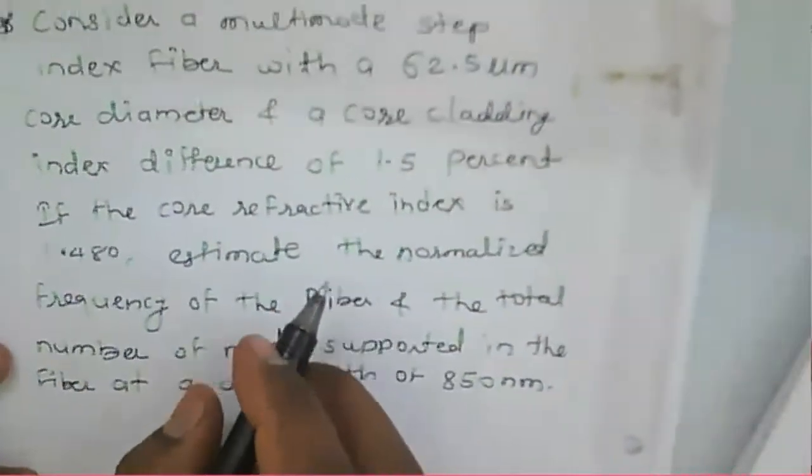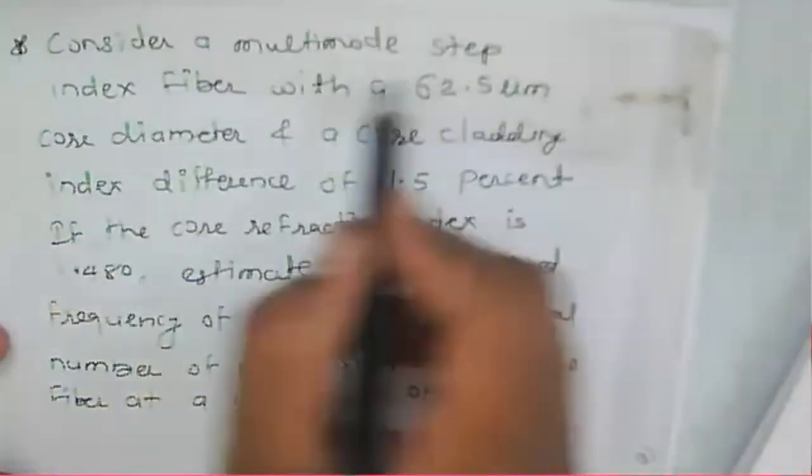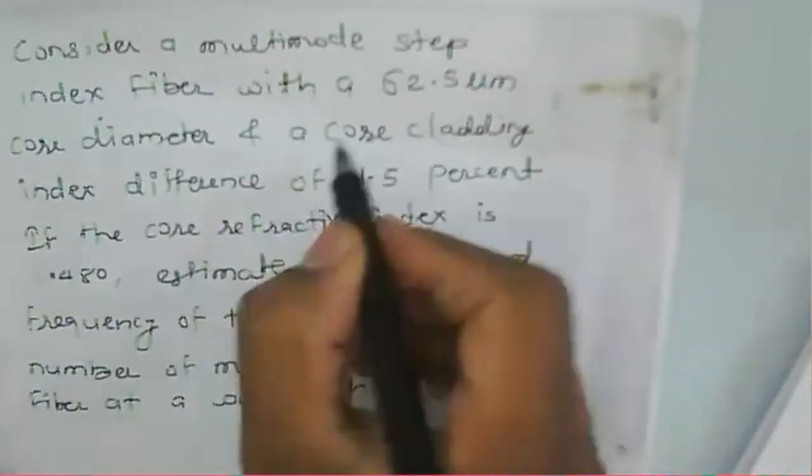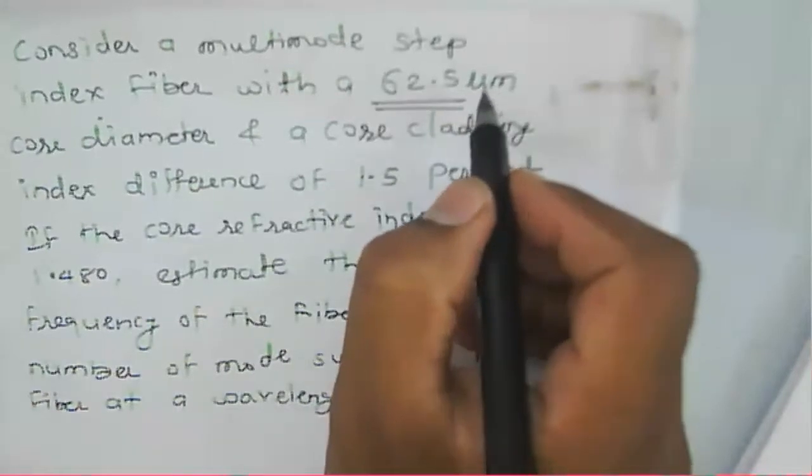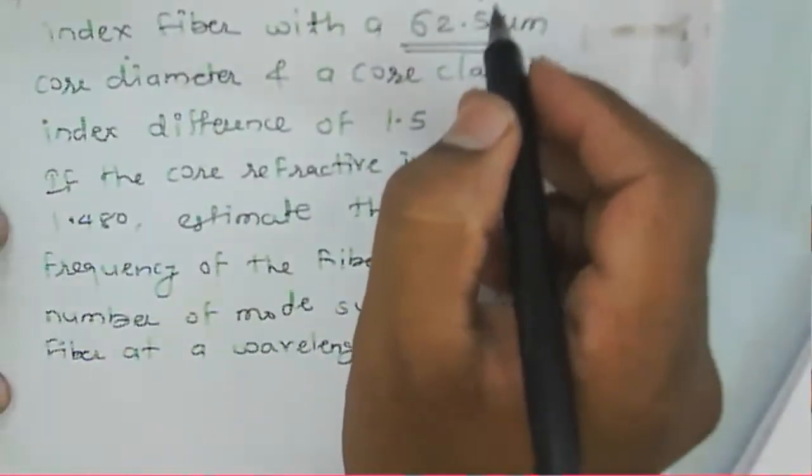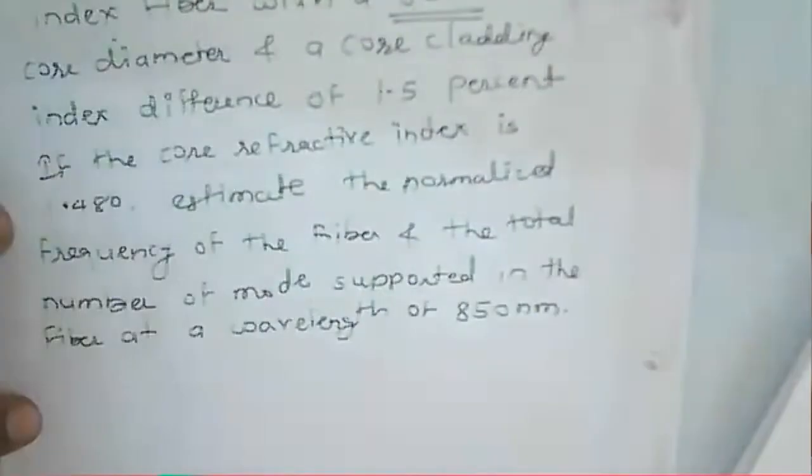Now here it is about a multimode step index fiber and it has a 62.5 micrometer core diameter.